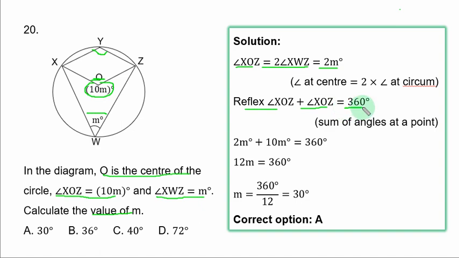The sum is 360 degrees. The reason is that sum of angles at a point. So you have 2m degrees plus 10m degrees equal to 360 degrees. If you add, you have 12m equal to 360 degrees. To get m, divide both sides by 12. So m is equal to 360 degrees divided by 12, and that is 30 degrees. A is the correct option.